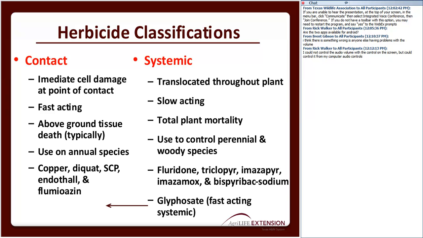And so we tend to place it more with our contact herbicides. The reason why we consider it a fast-acting systemic is because on most of the aquatic species that you would be using it for, typically you're going to see plant death and mortality within 4 to 7 days. So it's going to have a pretty immediate effect on that vegetation.